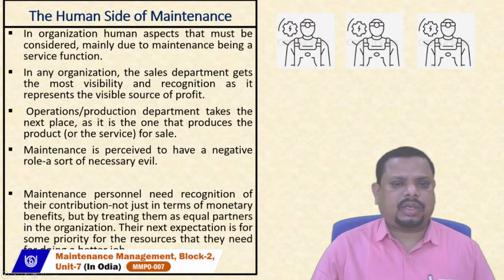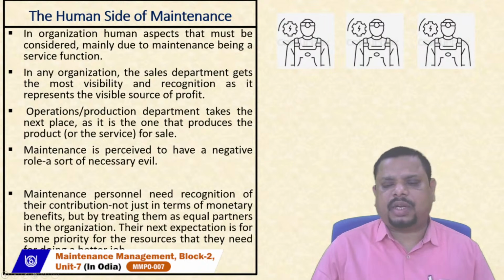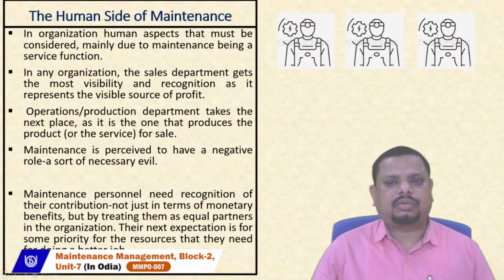Everybody inside the organization, the internal customers, must understand that maintenance management is a service. Service means experience plus outcomes. If you do not experience how the maintenance personnel provide the maintenance, then you do not get the outcomes.